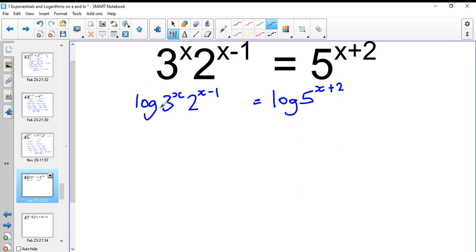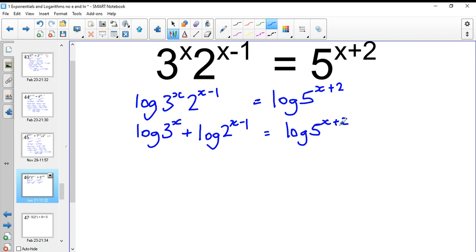Okay, but what I can do now, because I have a log of a product, I can use law 1 to say that's log of 3 to the x plus log of 2 to the x minus 1. So I've used the first law of logs to split that product into an addition of 2 separate logs.